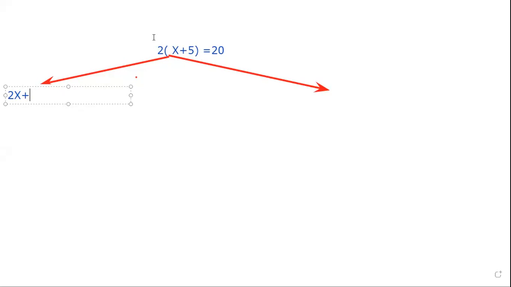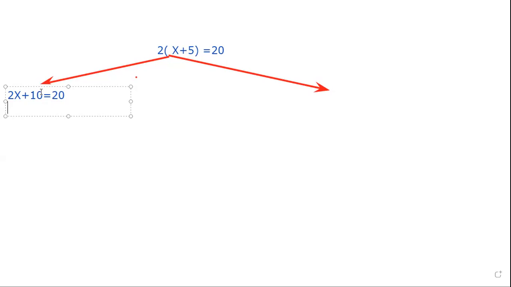You will distribute 2 over the parentheses by multiplication. So 2 times x equals 2x, and then 2 times 5 equals 10. This equals 20.